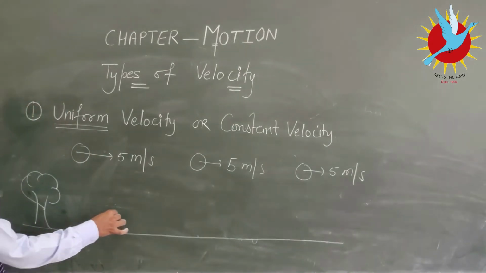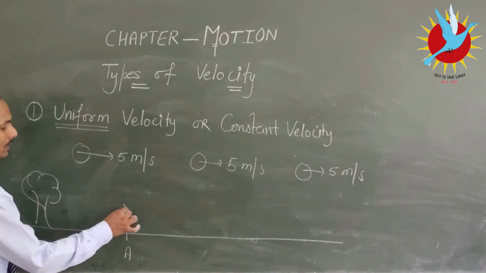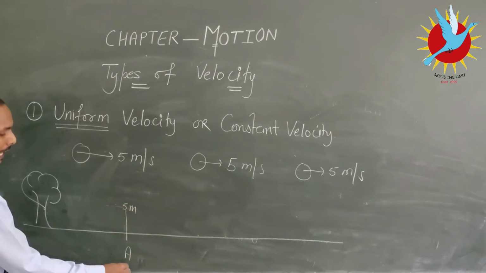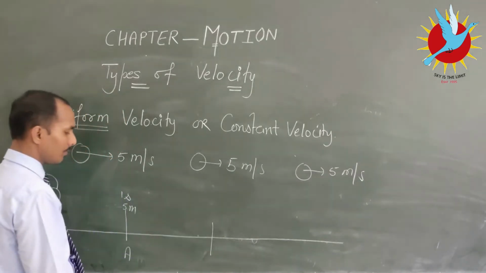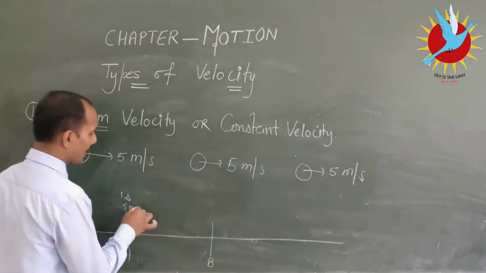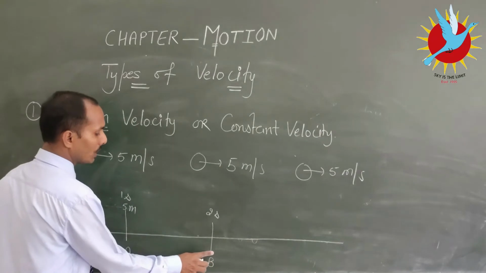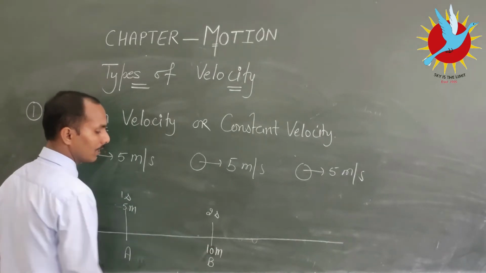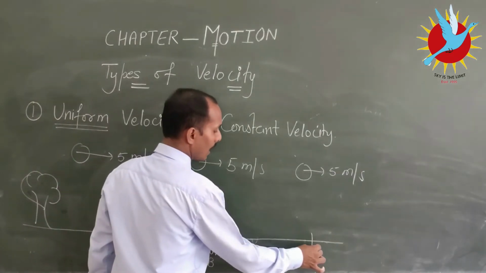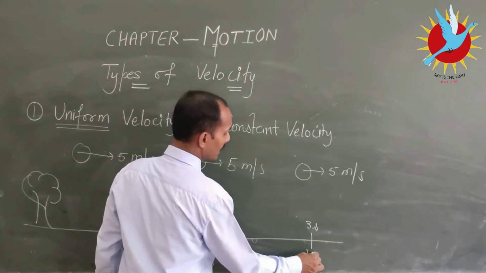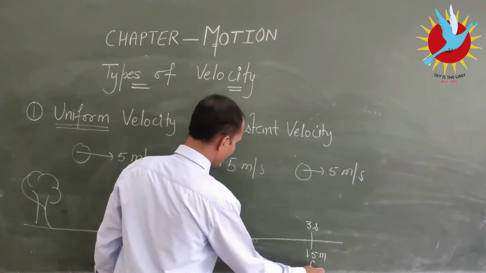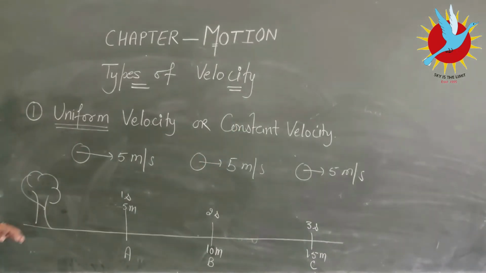Suppose an object's position at A is 5 meters and the time taken is 1 second. After 2 seconds its position is at 10 meters. After 3 seconds its position is 15 meters, at point C. Suppose this is the reference point.